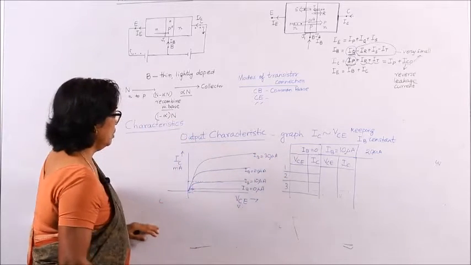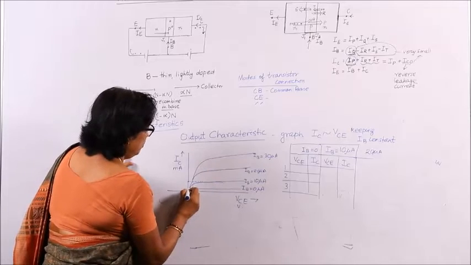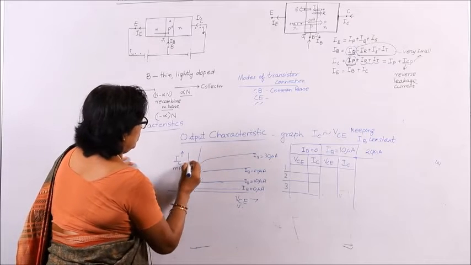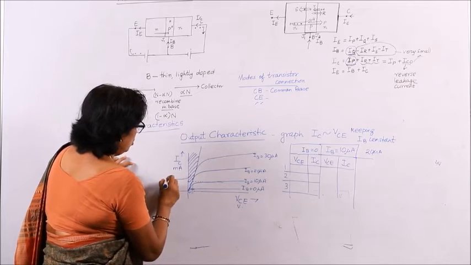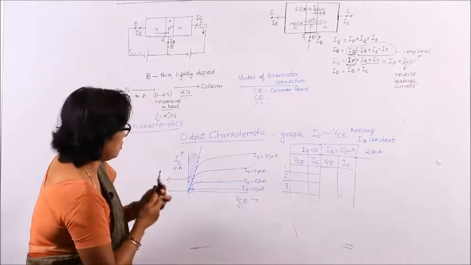like this. So, what you observe here, if I draw a line like this, this region is called the saturation region.